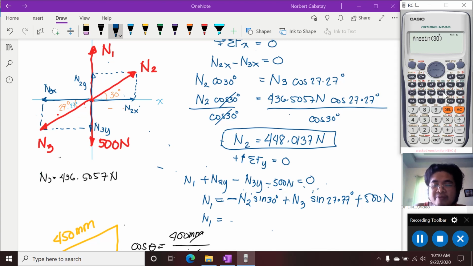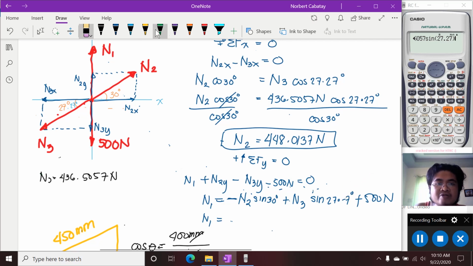Nakalimutan lang natin mag-sort kanina. Plus, yung N3 na ang sagot natin, ang ating value ay 436.5057 sine ng 27.27. Tapos plus 500 tayo.